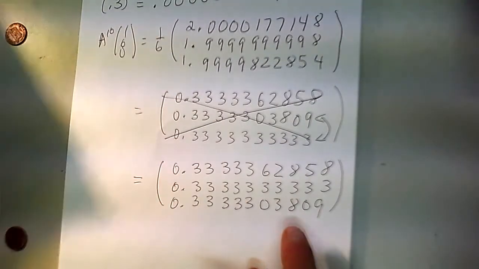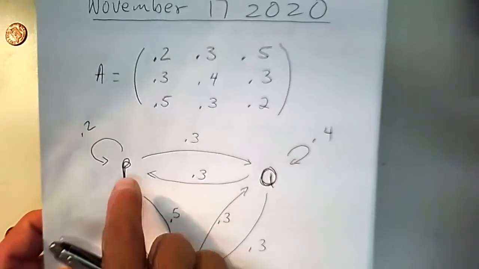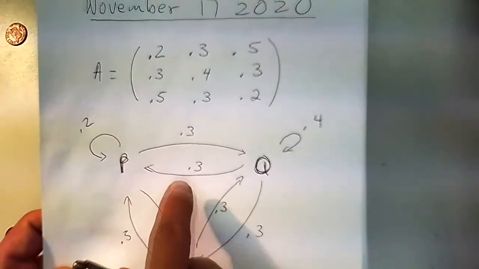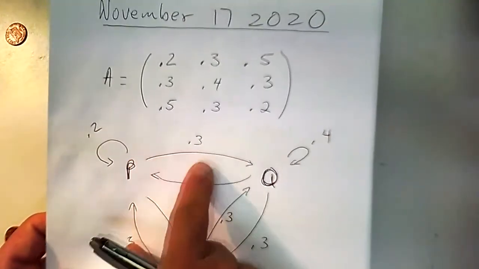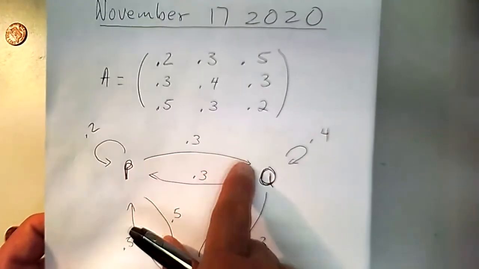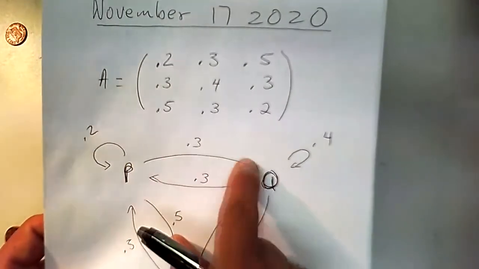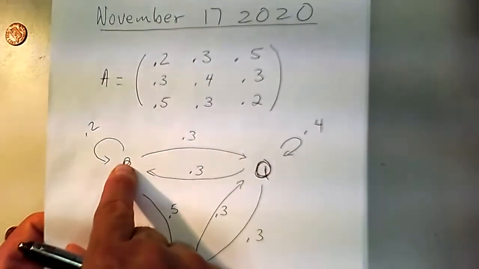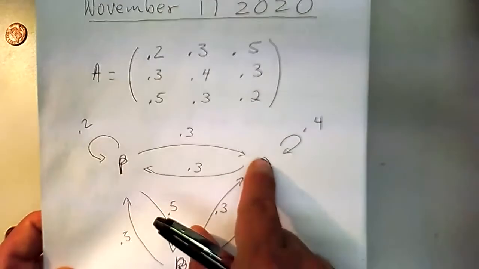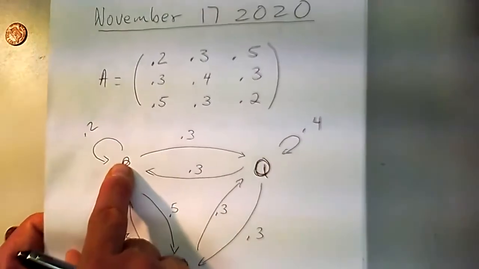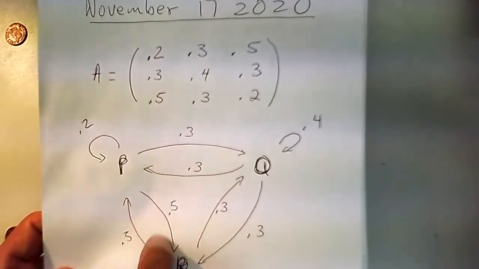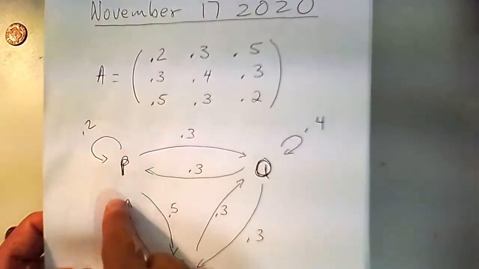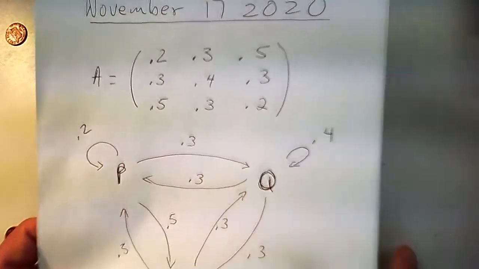So even though we are moving around, and it looks like the populations here are exchanging, we don't know who. So let's say you start in Q and you move to P, but we don't know whether you're going to keep moving or stay a few times. We don't know anything.